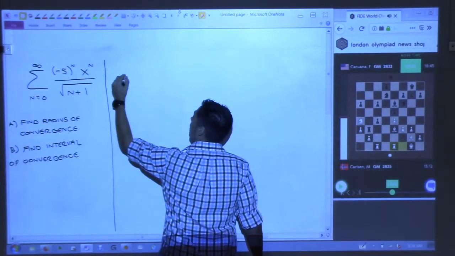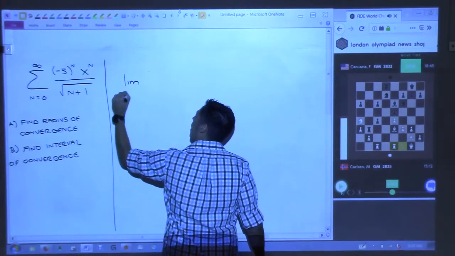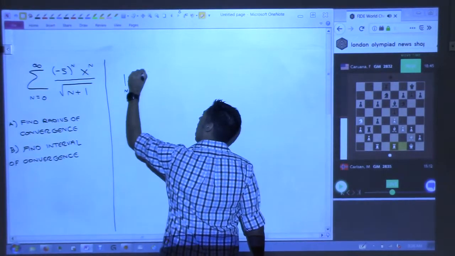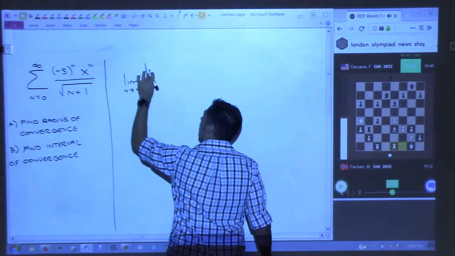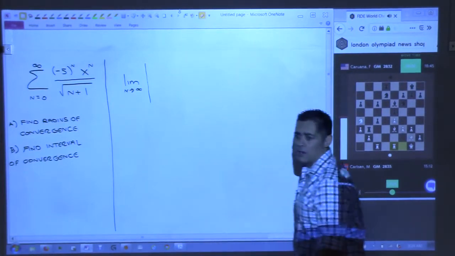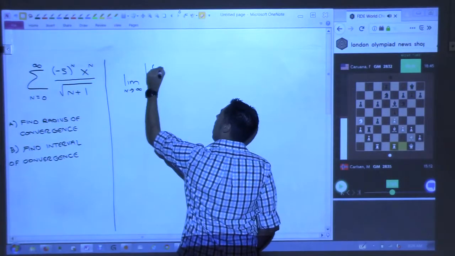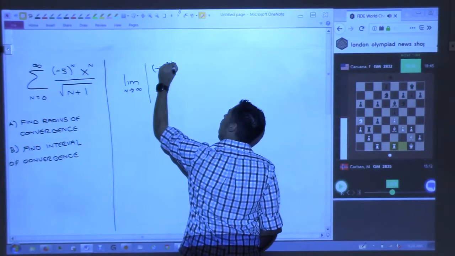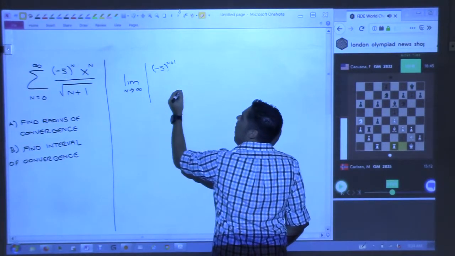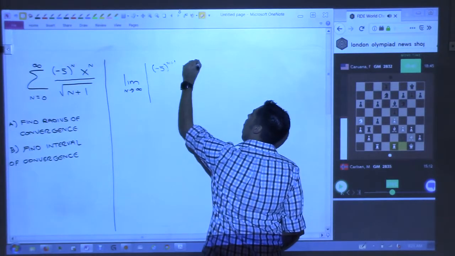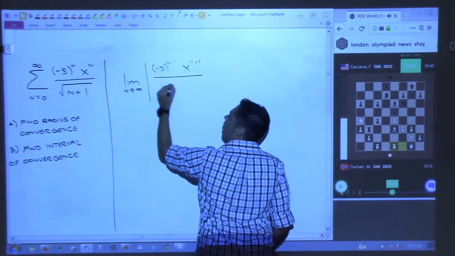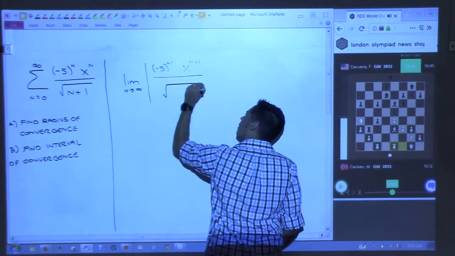So let's see here. Limit as n goes to infinity. All right, let's start plugging things in here. n plus 1 goes in there first, right? So -5 to the n plus 1, and then we have x to the n plus 1 over root of n plus 2.